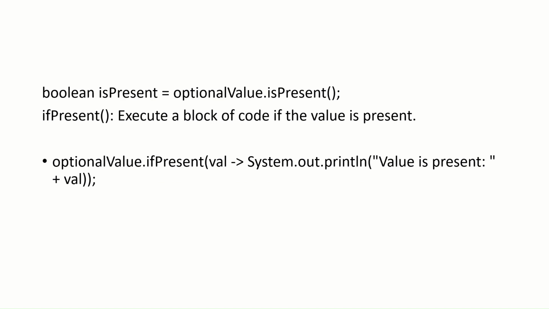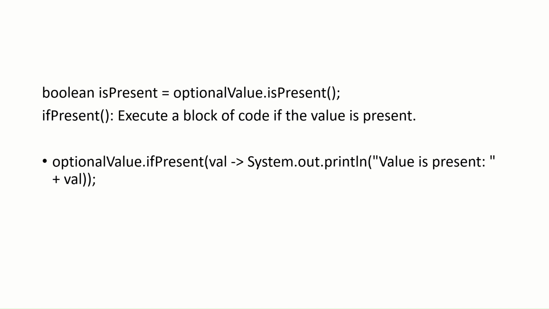Now let's say you have created one optional variable, and you want to check if the value is present there or not, then you can use this isPresent method. And if the value is present, it will give you true, and if it is not present, it will give you false. And if you want to use this true and false condition and put some if else conditions there, then you can use it.